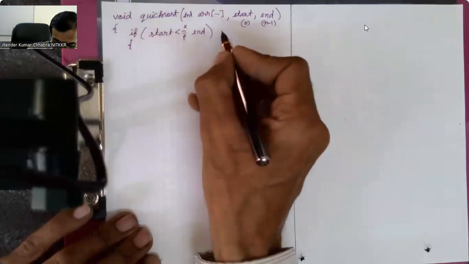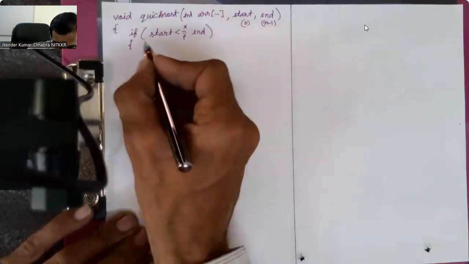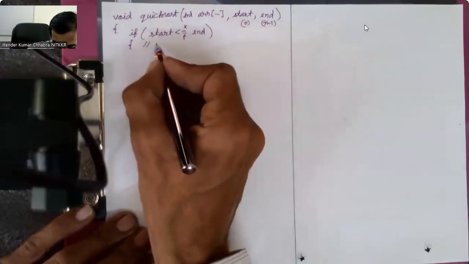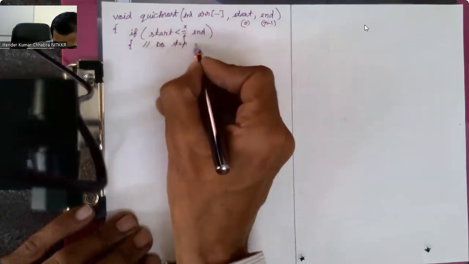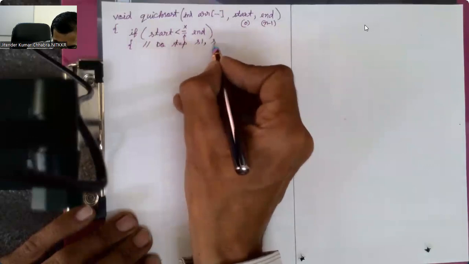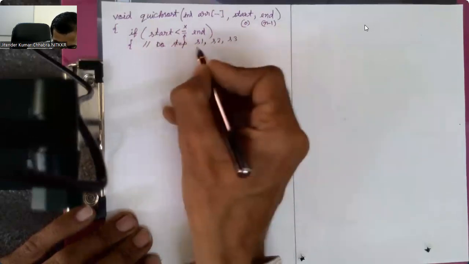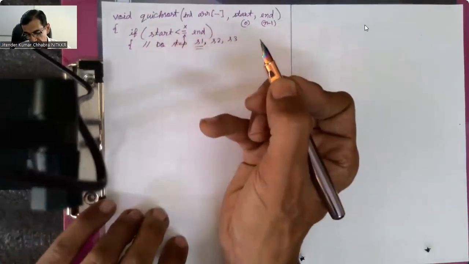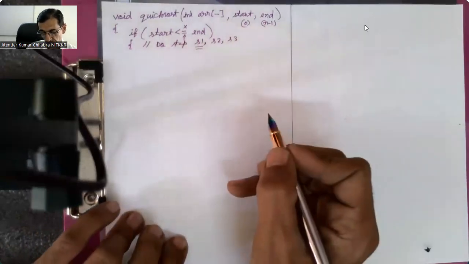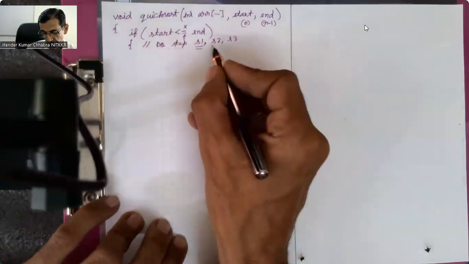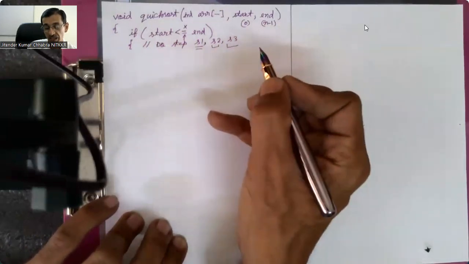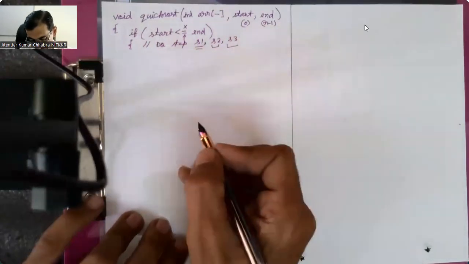If this condition is true, it means we are supposed to do the solution steps: step 1, step 2 and step 3, where step 1 was related to finding the pivot and placing it, and step 2 and step 3 being the recursive calls to the left and right sublists.